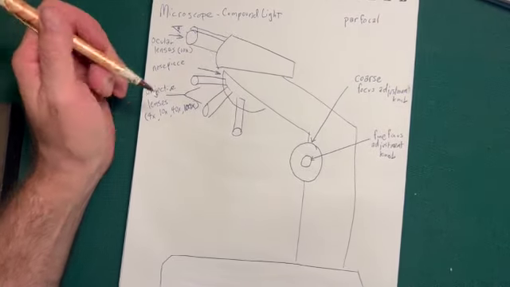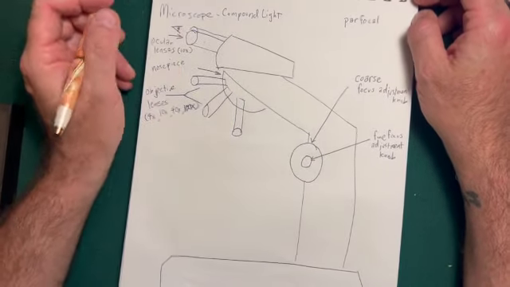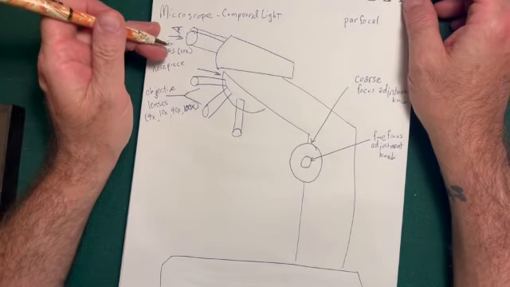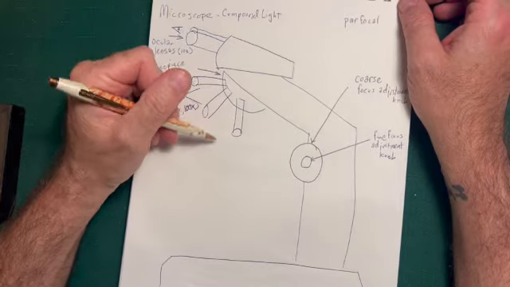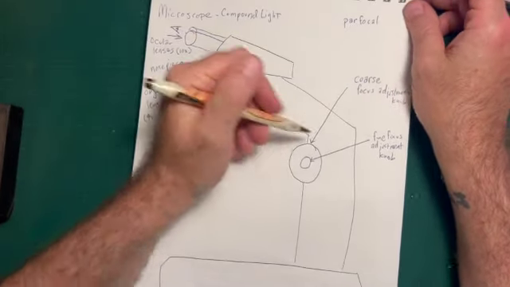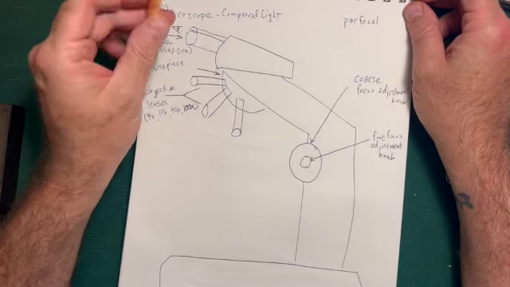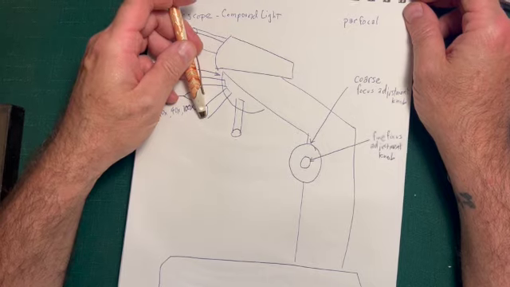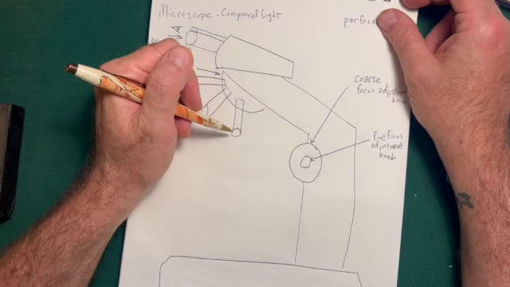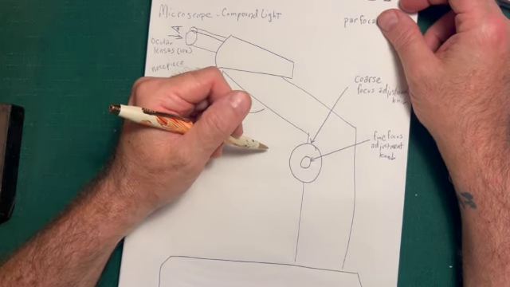So we shouldn't need to screw around too much with the coarse focus adjustment as we get higher magnification. If you use the coarse adjustment at 40x or 100x, you run the risk of putting your specimen through the stage and crushing your specimen, and that's not good.